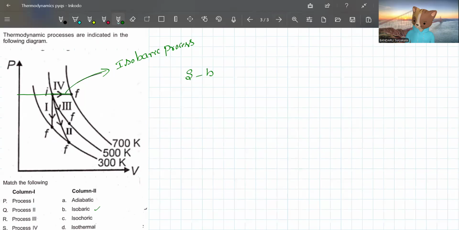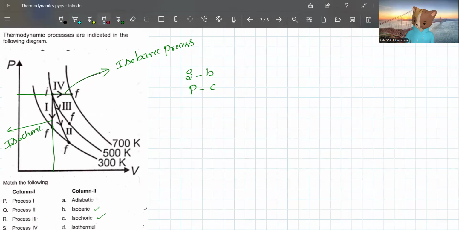Next, see the first one. This is perpendicular to the volume axis, which means this is an isochoric process. Isochoric process means P should be matched with C. Next, we have 2 and 3.